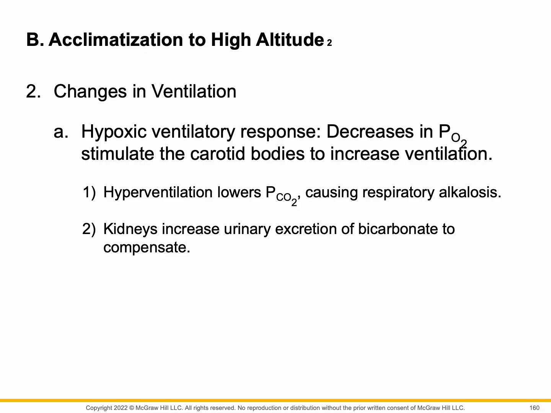The hypoxic ventilatory response involves decreases in oxygen pressure stimulating the carotid bodies to increase the ventilation, to breathing faster. Hyperventilation lowers the partial pressure of carbon dioxide, causing a respiratory alkalosis. The kidneys will then over time increase urinary excretion of bicarbonate to compensate for this.